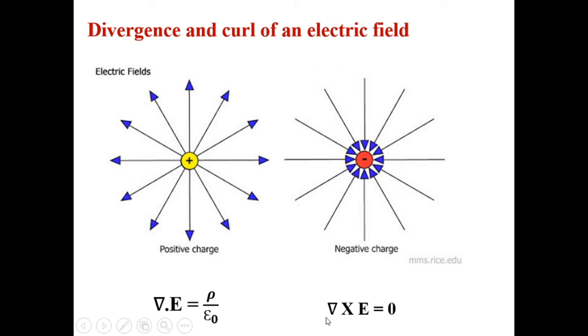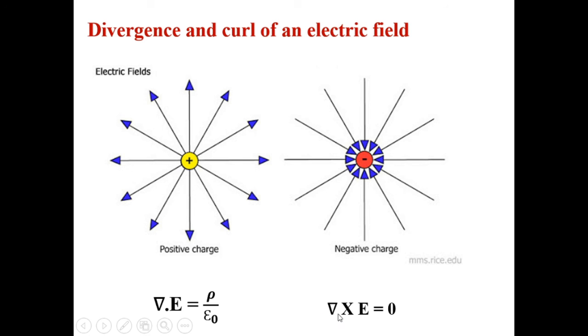However, now if you look at del cross, this sign indicates a cross product. Del is an operator. It operates on the electric field E. So del cross is nothing but a curl. Like del dot forms a divergence, del cross forms a curl.